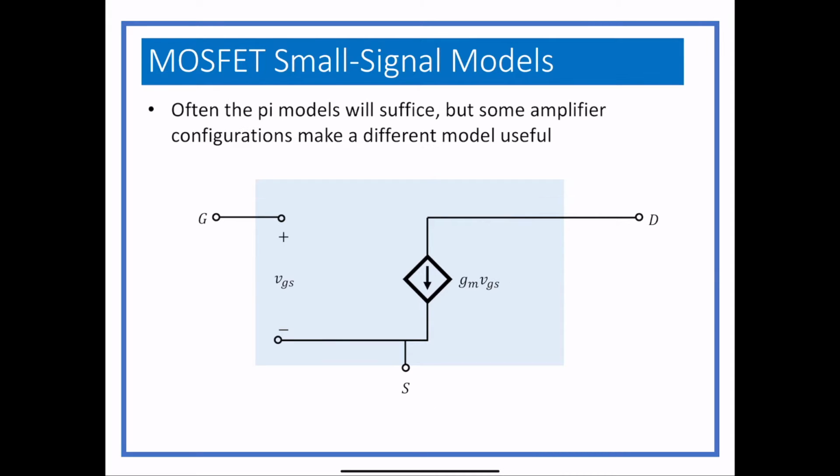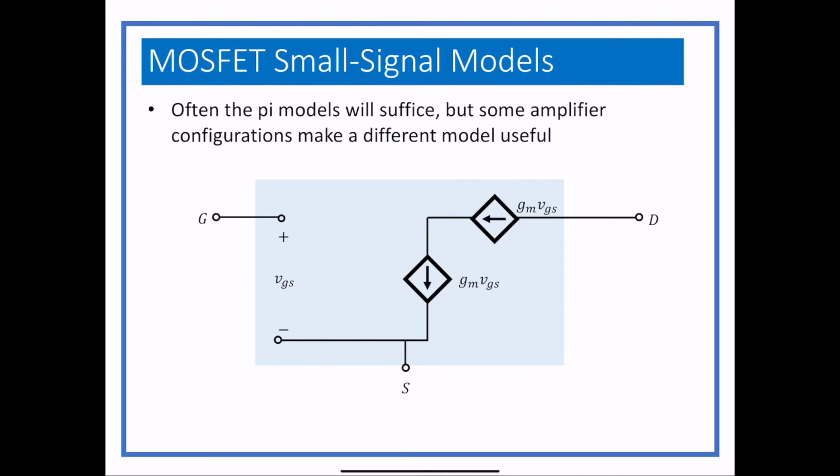And then sometimes we have to make some changes. So there's a second or a third, I guess, type of model we can use. So if we take the standard pi model without RO in it, and we know that the current GM-VGS goes around that corner, so it comes out of the drain and goes down.